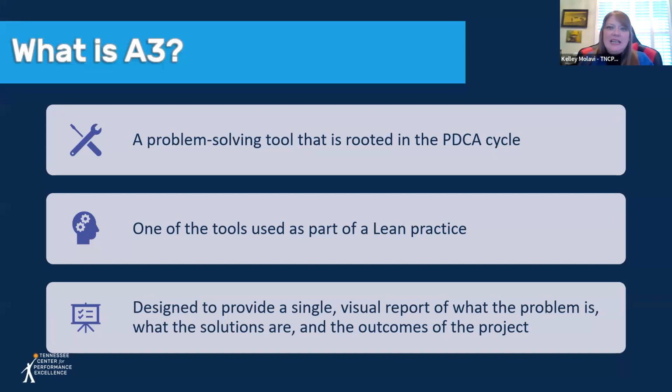So it's a single visual report of what the problem is, what the solutions are, and the outcome of the project. This is actually really very important as we are doing process improvement for processes that the folks don't necessarily know how to do process improvement.